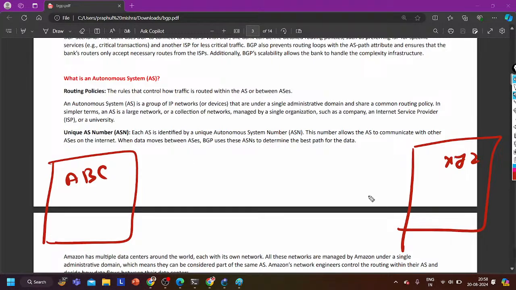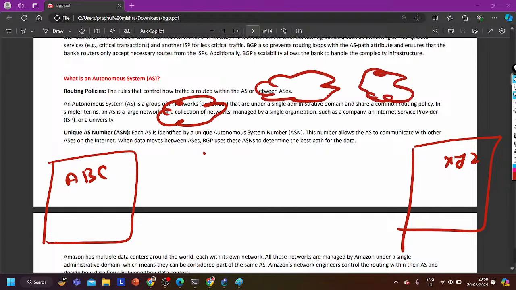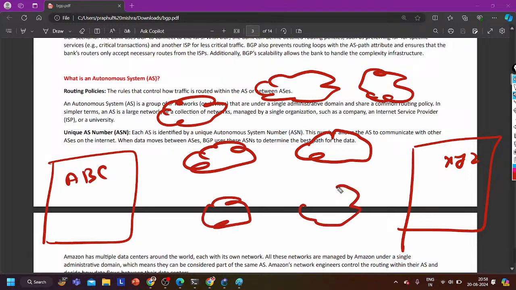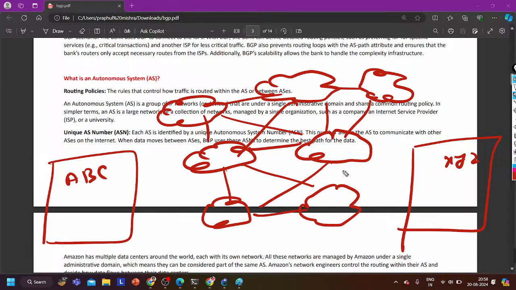Between these two companies, there are multiple service providers, and all service providers are directly connected with each other like this. Like this only, guys, service providers will be connected with each other in real time, right?